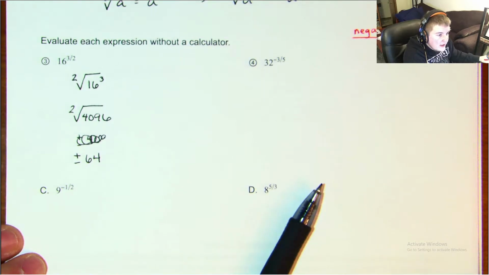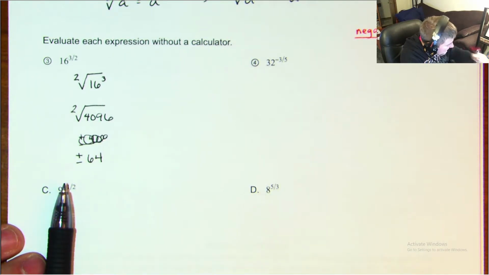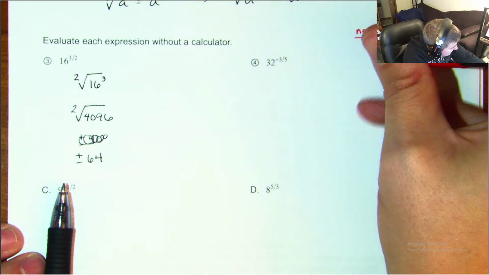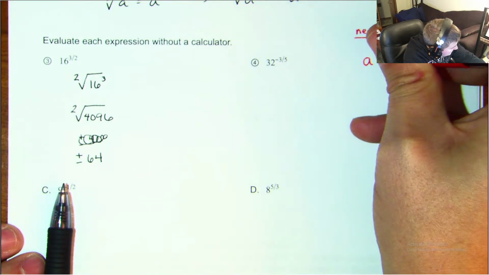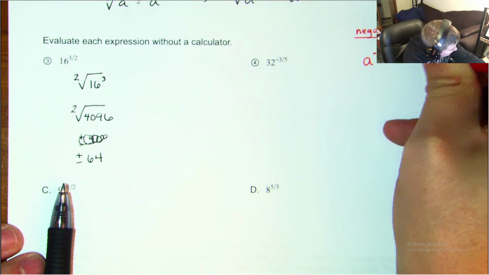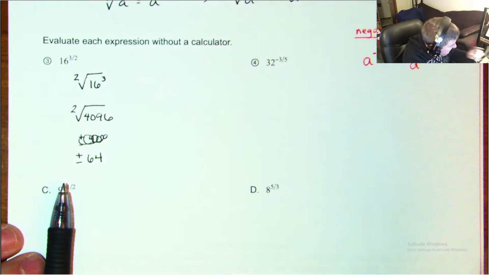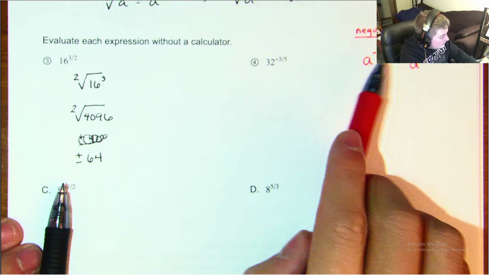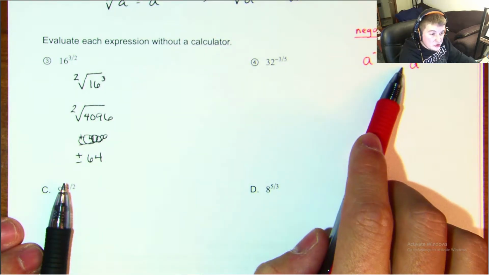If I have a to the negative n power, that's going to be the same as 1 over a to that nth power. And so we have to just remember that it's got this reciprocal nature.